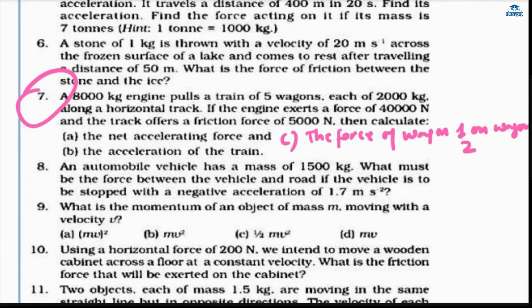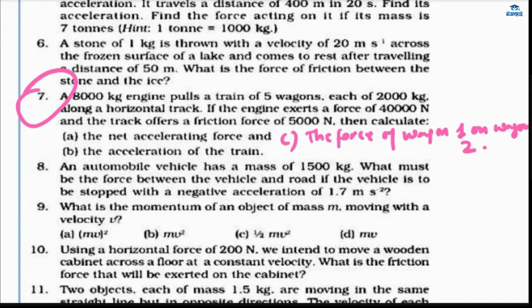I'm almost done. Ma'am, acceleration is 1.94 meter per second square. Then the net accelerating force. Ma'am, I'm getting the force of friction as 35,000.